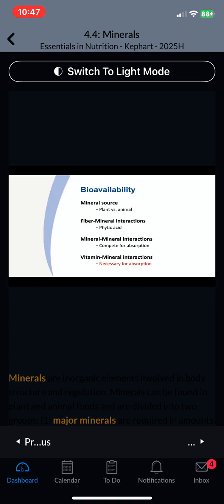And then you can also have vitamin-mineral interactions. Unlike the other three, though, the vitamin-mineral interaction is actually necessary for nutrient absorption and metabolism. For example, iron absorption increases when consumed with a good source of vitamin C. So we do have some positive vitamin-mineral interactions that occur.